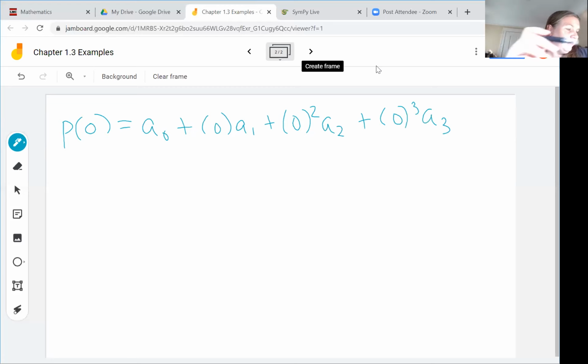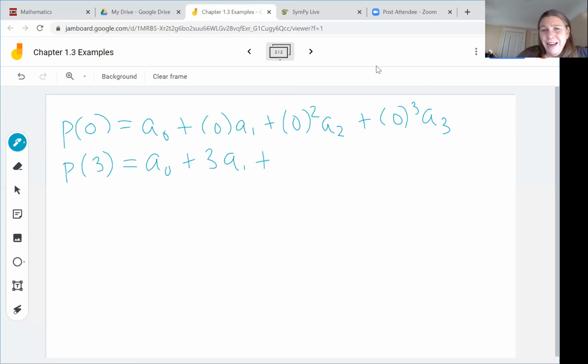Now our next x value is 3, so we're going to call this polynomial P of 3. And that form is going to be a naught plus 3a1 plus 9a2 because 3 squared is 9. And then this will be plus 27a3 because we know if x is 3, 3 to the third power is 27 in this last term.